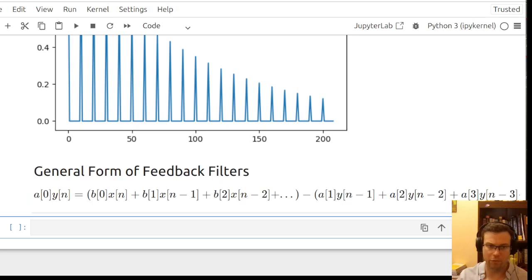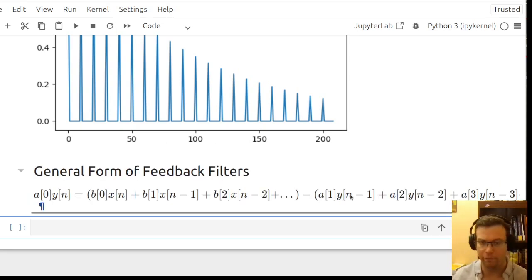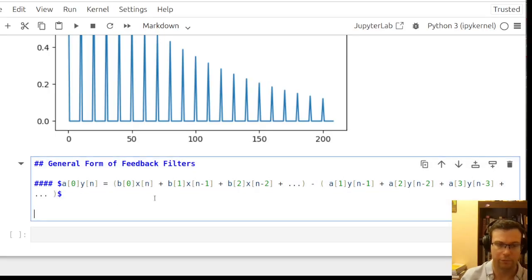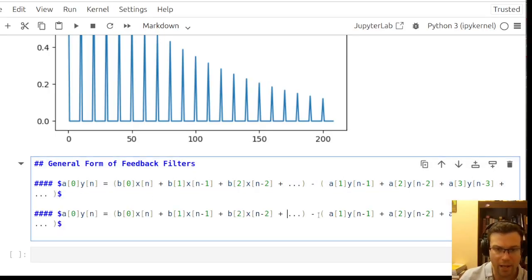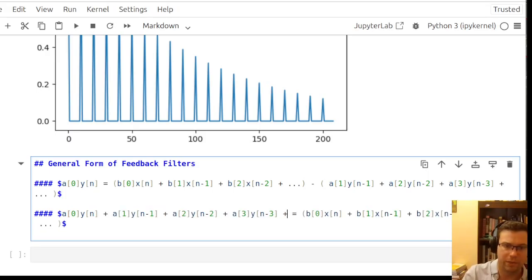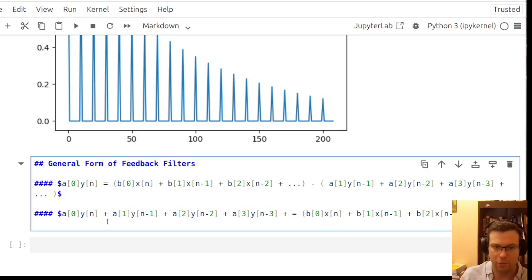Now, if I move these coefficients over to this side of the equation, I can rewrite this as a0 y[n] plus a1 y[n-1] plus all that equals the feed forward sum.